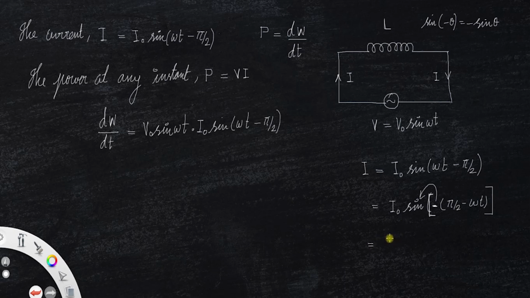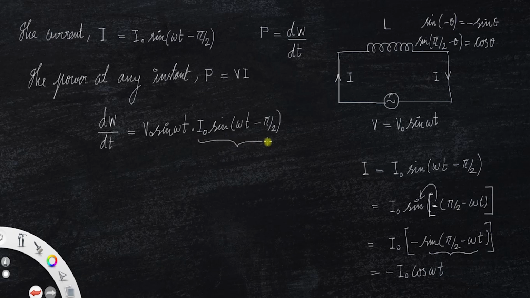So that will be I0 times minus sine of pi by 2 minus omega t. Again, sine of 90 minus theta is cos theta. So I can write this term as minus I0 cos omega t.